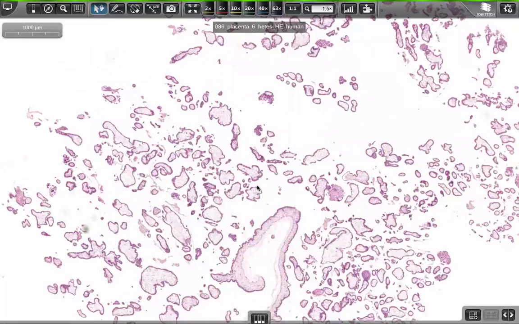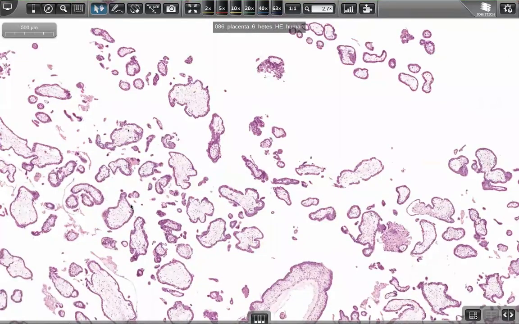Now we are looking at the tips of these chorionic villi, and eventually these structures are growing from the extraembryonic mesoderm from the fetal side, and among the villi we can find blood, the maternal blood.